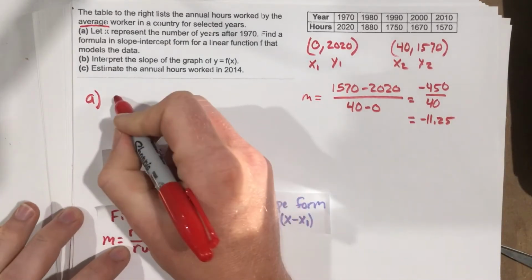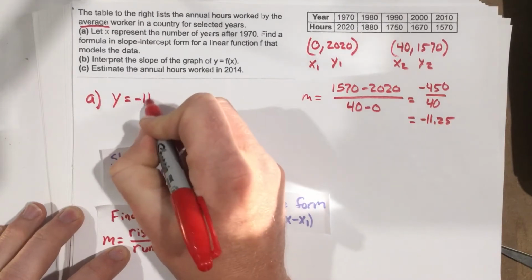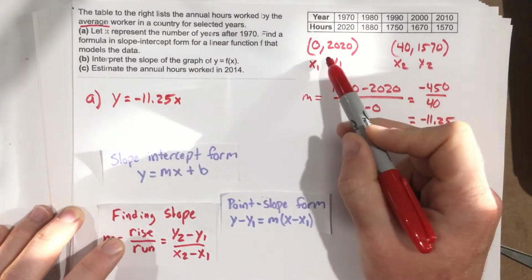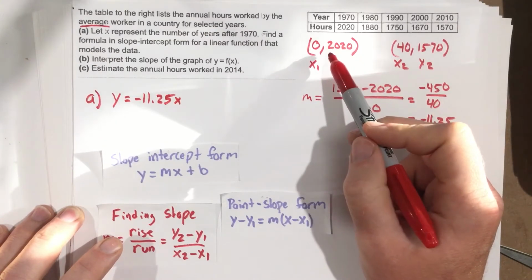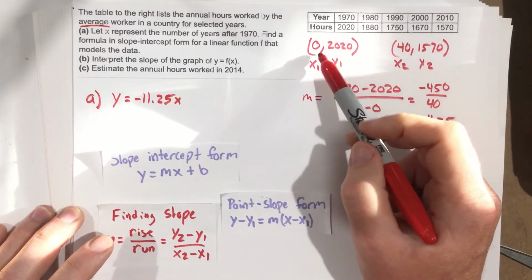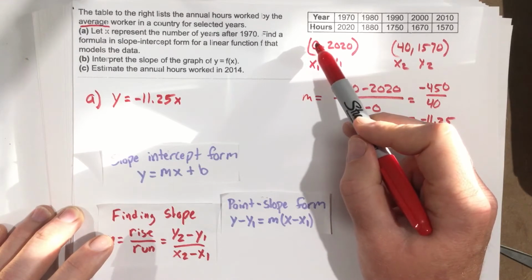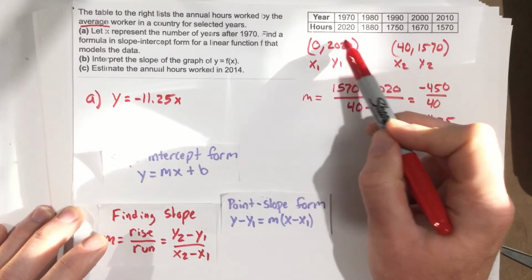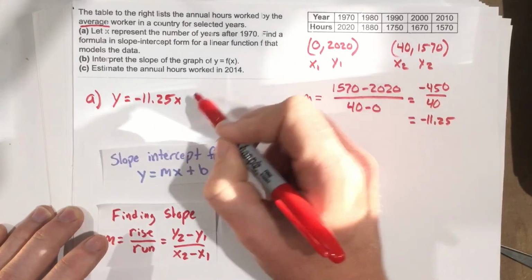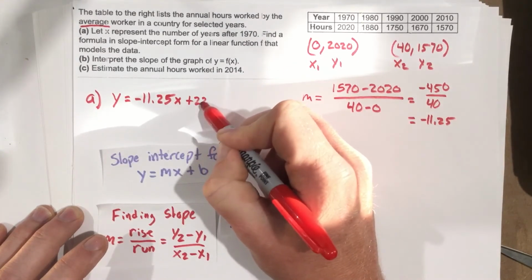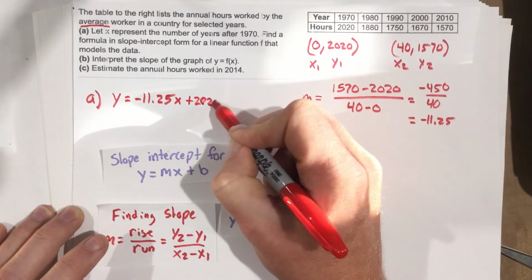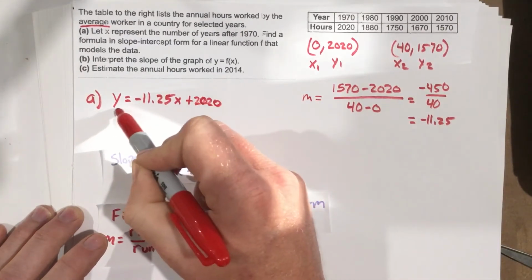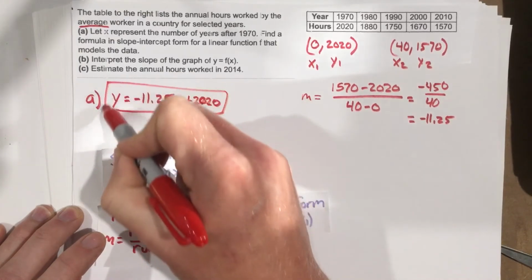So I can go ahead and say y equals negative 11.25 x, and then I have my original amount of hours essentially, which was starting at time 0, which is the number of years after 1970. So this is my starting hours. So I can say that that's my y-intercept, which is plus 2020. So this is the answer to part A.